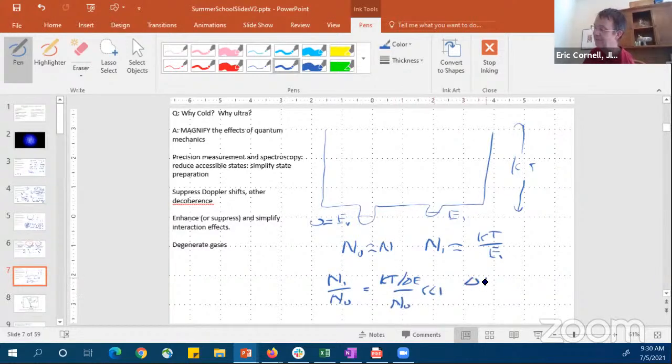That turns out to be true if delta E is greater than kT over N0. And that's for the Bose-Einstein condensation case.